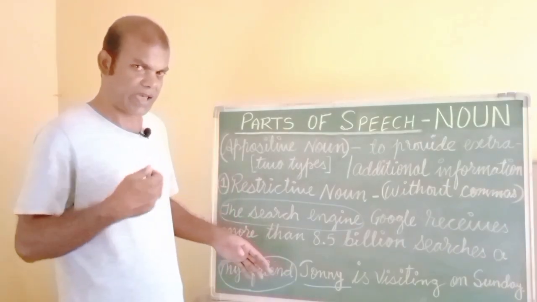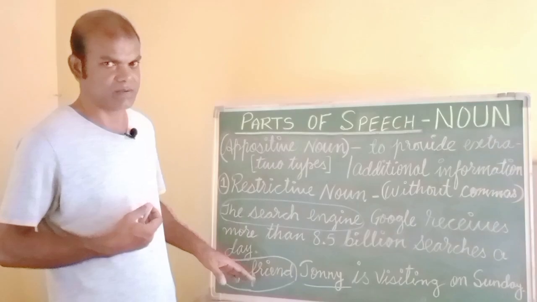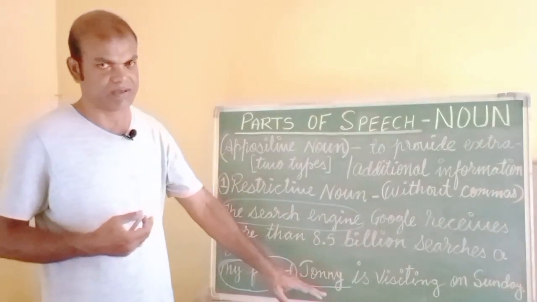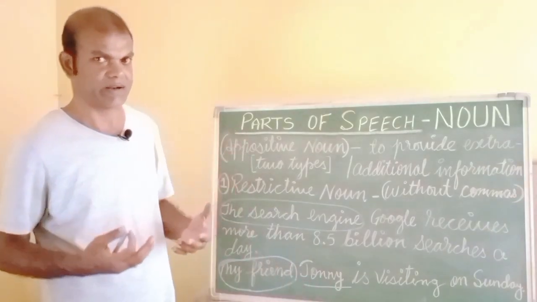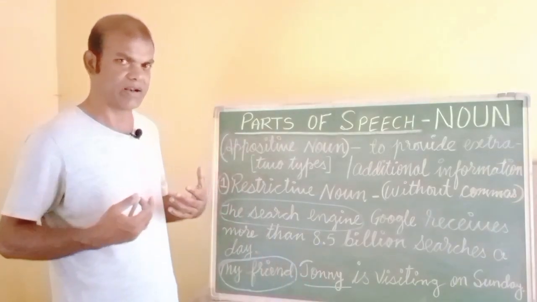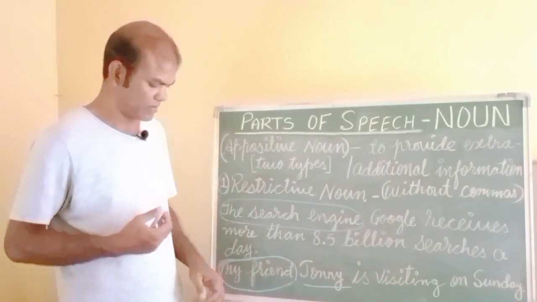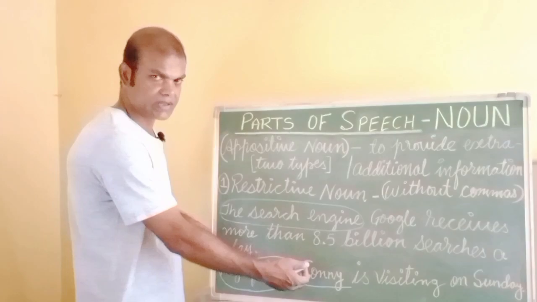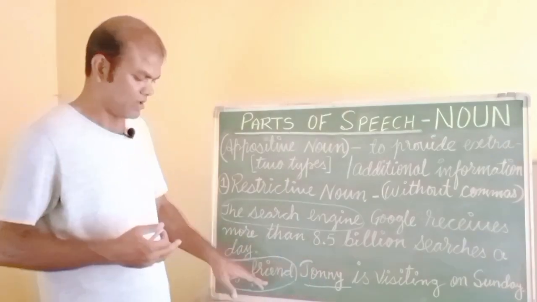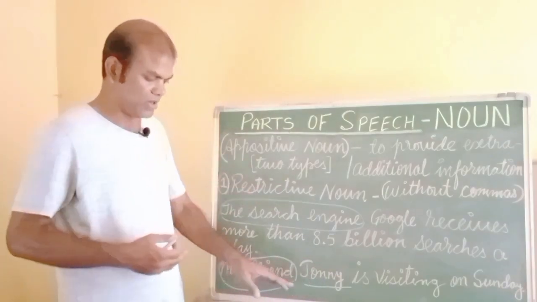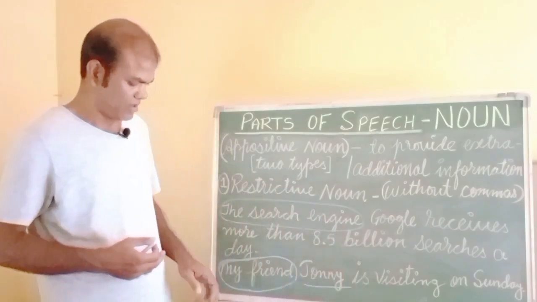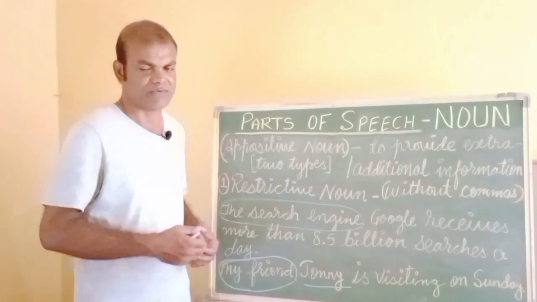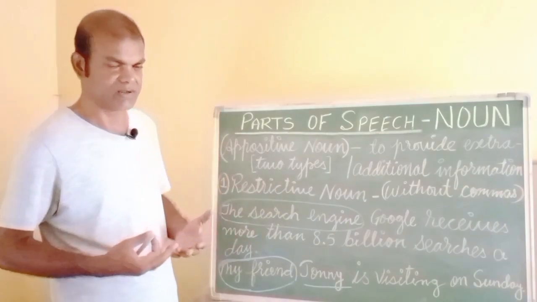To know exactly which friend I am talking about, who is visiting on Sunday, I must add the additional information to let you know exactly which friend of mine is visiting on Sunday. My friend Johnny. Now, by adding the appositive noun, it is clear that my friend whose name is Johnny is visiting on Sunday. My friend Johnny is visiting on Sunday. Now it is understood which friend of mine is going to visit on Sunday.